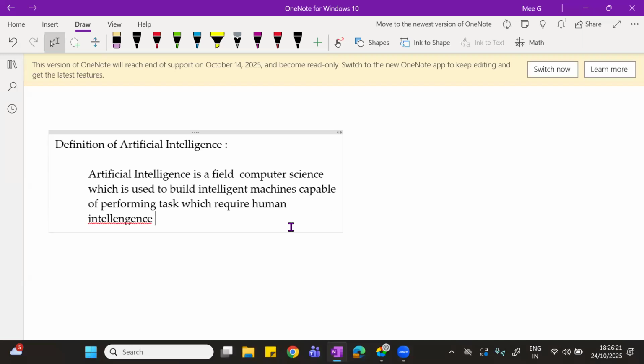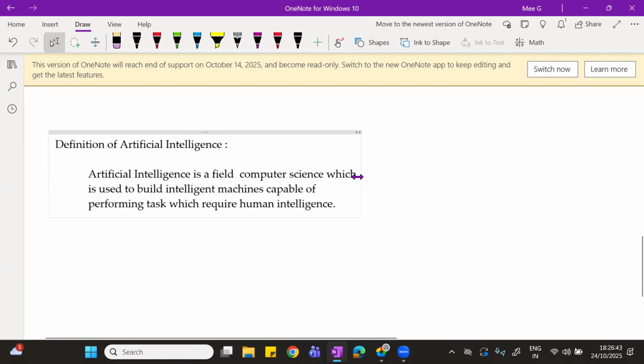Now, in other words, it simulates human intelligence. It replicates human intelligence. That is what we mean by artificial intelligence.